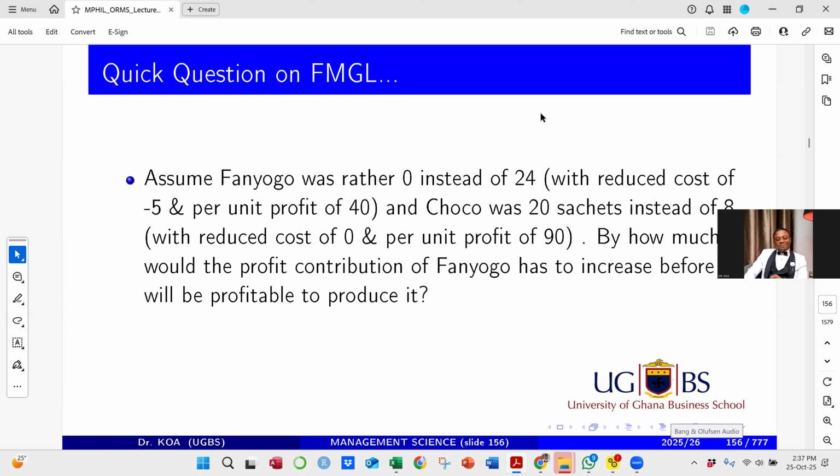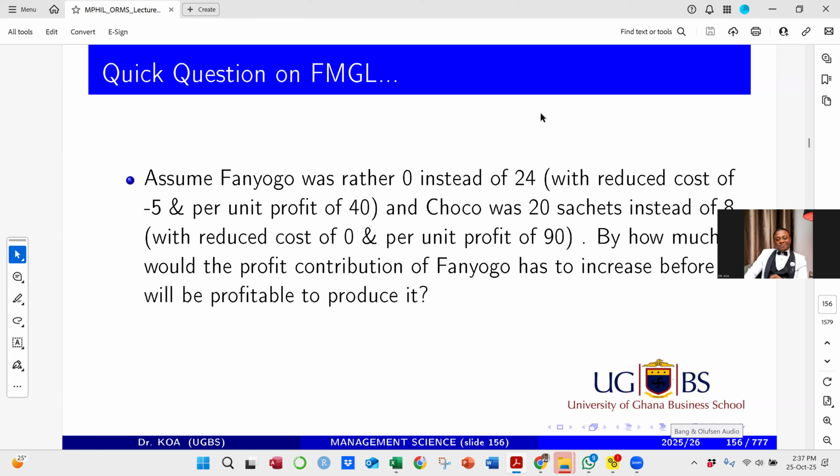Well, this we have already discussed, because if Fan Yogo was 0, then that is why it has a negative. Now, if it is 0, it means that you are not supposed to produce it. So the manager now decides not to produce it.